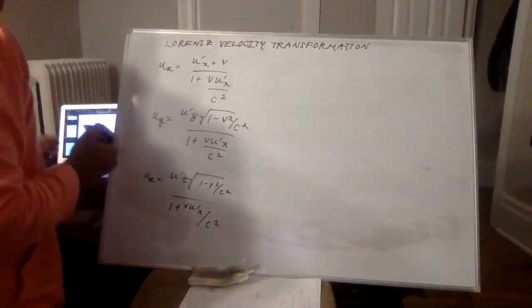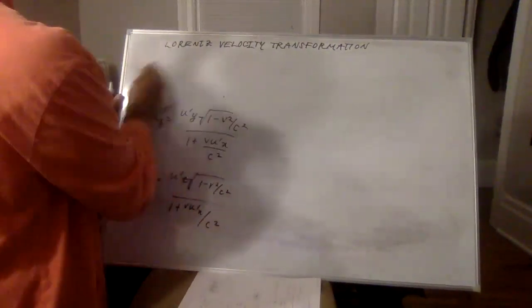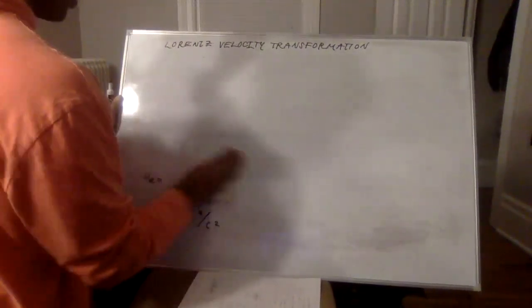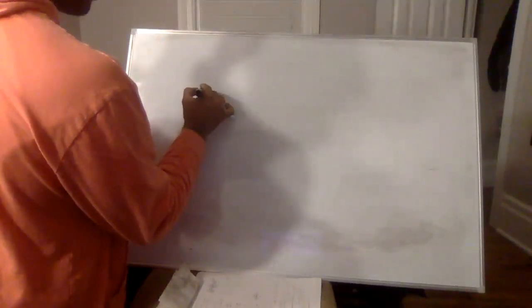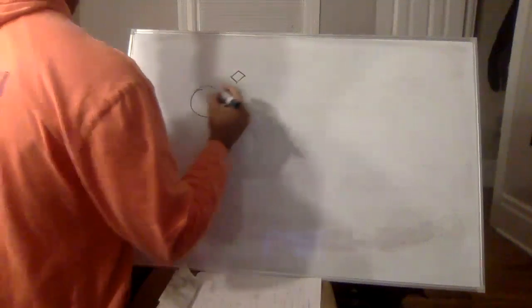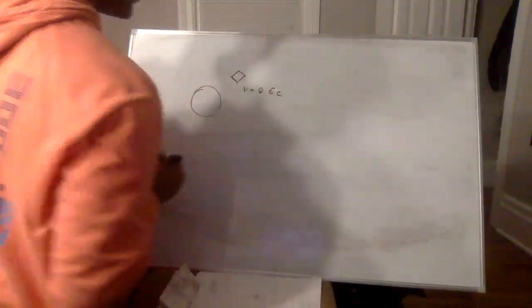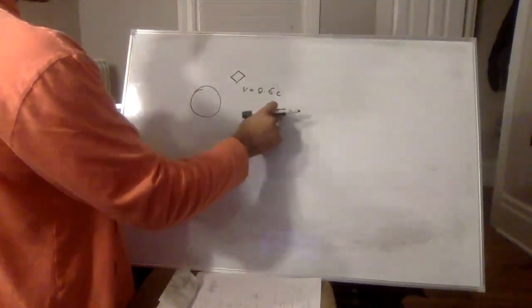Let's say we have a problem where we have Earth, and leaving Earth we have a rocket ship traveling at a speed of v equals 0.6c, so six-tenths the speed of light.